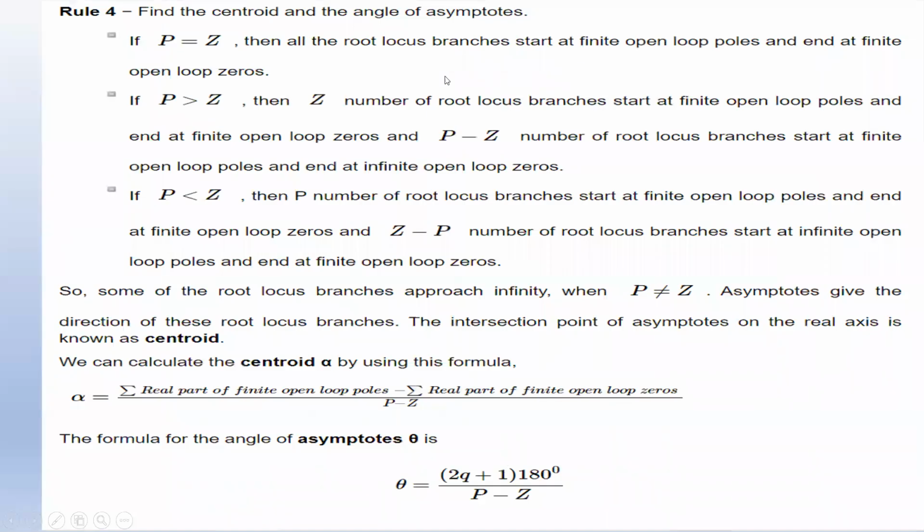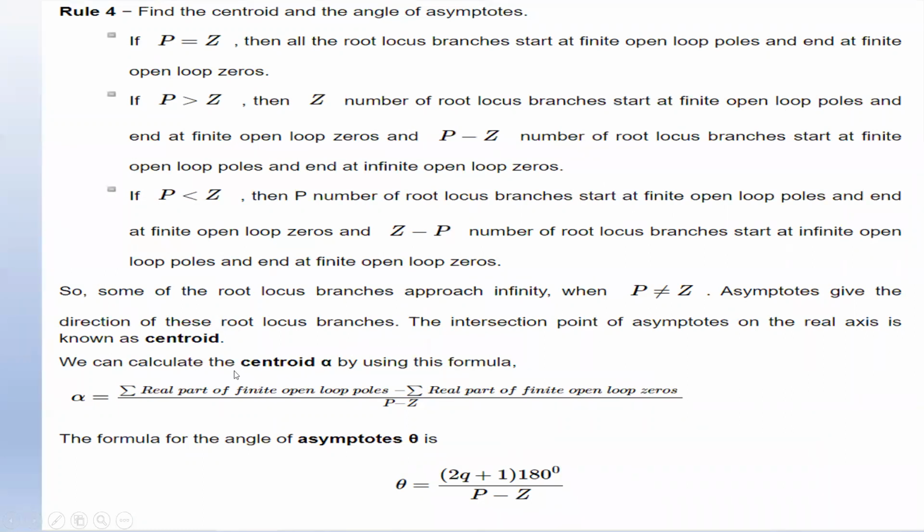And moving on to rule 5, we have the centroid. So these asymptotes, which are tangential to the branches which are going to infinity at s equal to infinity, will be meeting at some point. That point is called the centroid of the asymptotes.